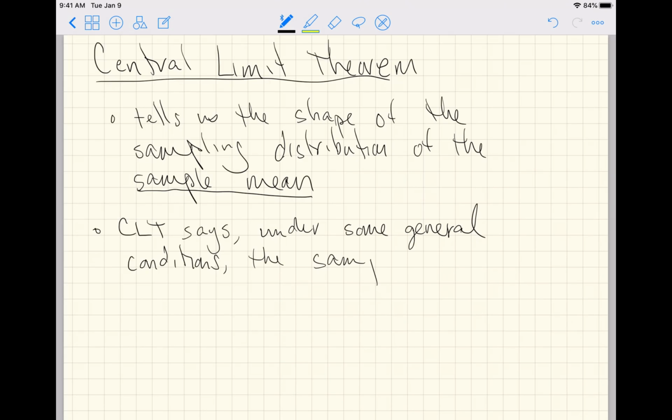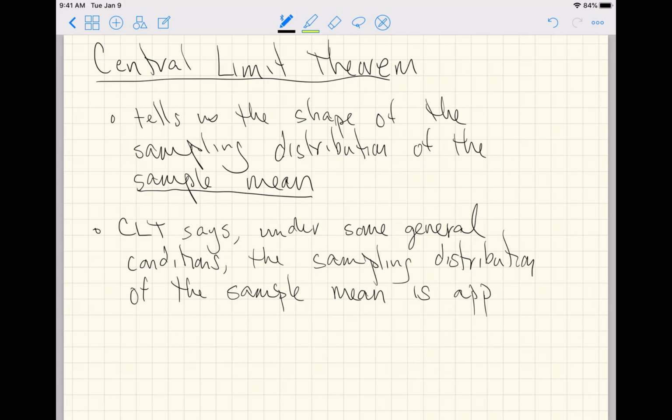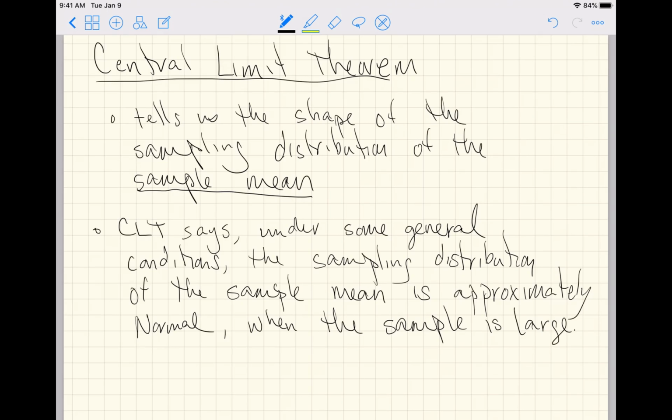The sampling distribution of the sample mean is approximately normal. That is to say, the sampling distribution of the sample mean is nearly the shape of the normal distribution when the sample size is large. And that's a little bit more vague than you want it to be.